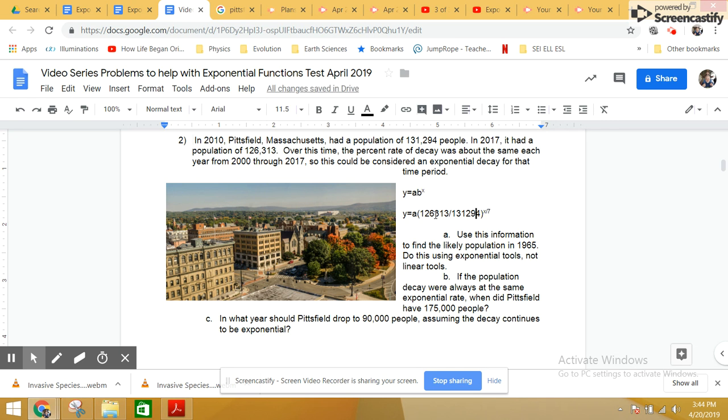Now, if we want our initial value to be the 2010 population, which was 131,294, we can replace a with that. And then we can either treat 2010 as 0, or we can replace x with x minus 2010.